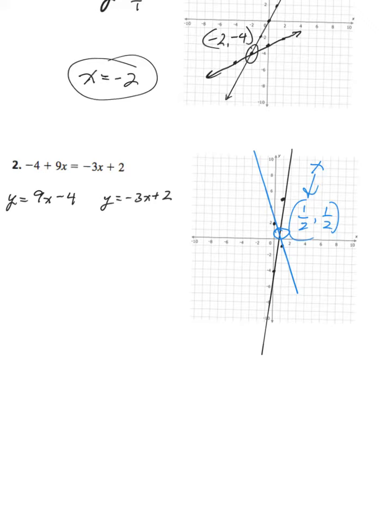So you could plug it into the 2 equations, couldn't you? So for instance, if you have x is 1/2 and y is 1/2, you would go 1/2 equals 9 times 1/2 minus 4. What's 9 times 1/2? It's 4.5, right? So you get 1/2 equals 4.5 minus 4, which is just a half.